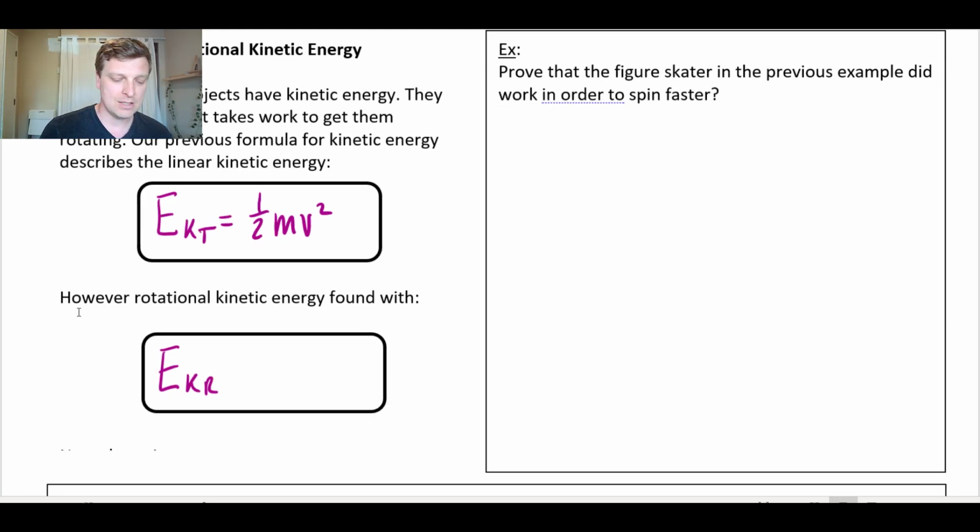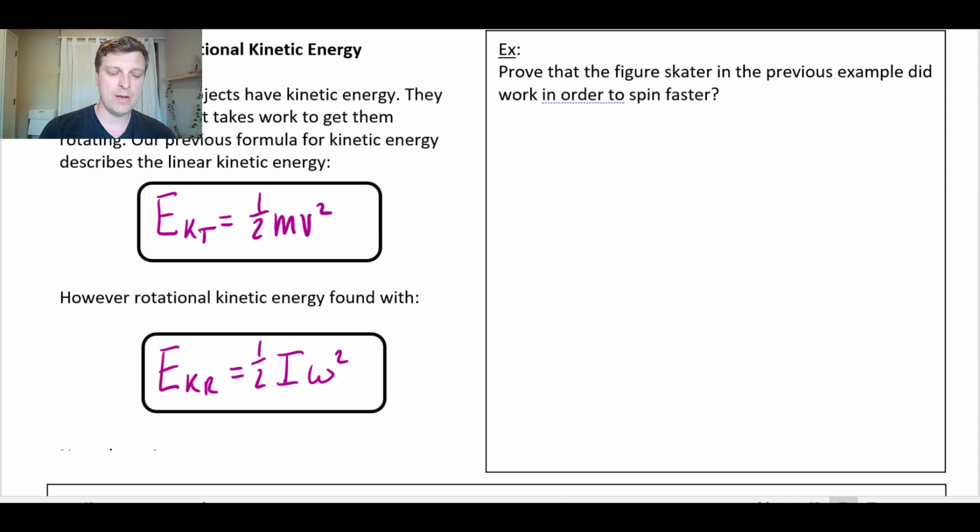And the formula for this is not going to surprise you. It is 1/2 I times omega squared. Because again, I is like the rotational version or equivalent of mass, and angular velocity is the rotational version of linear velocity.